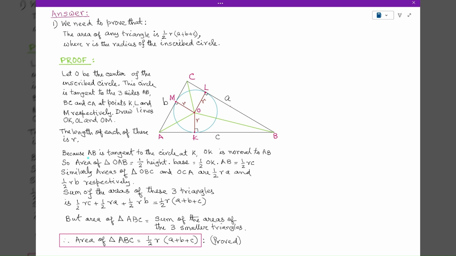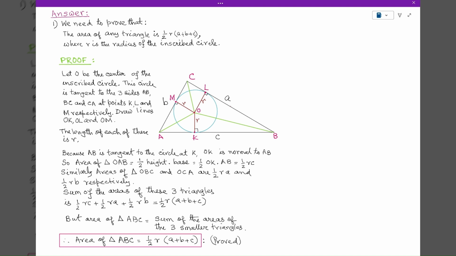Because AB is tangent to the circle at K, OK is normal to AB. Therefore, area of triangle OAB, that is this triangle, is equal to half base into height. This is height and this is base. That means half OK multiplied by AB, or half r into c.